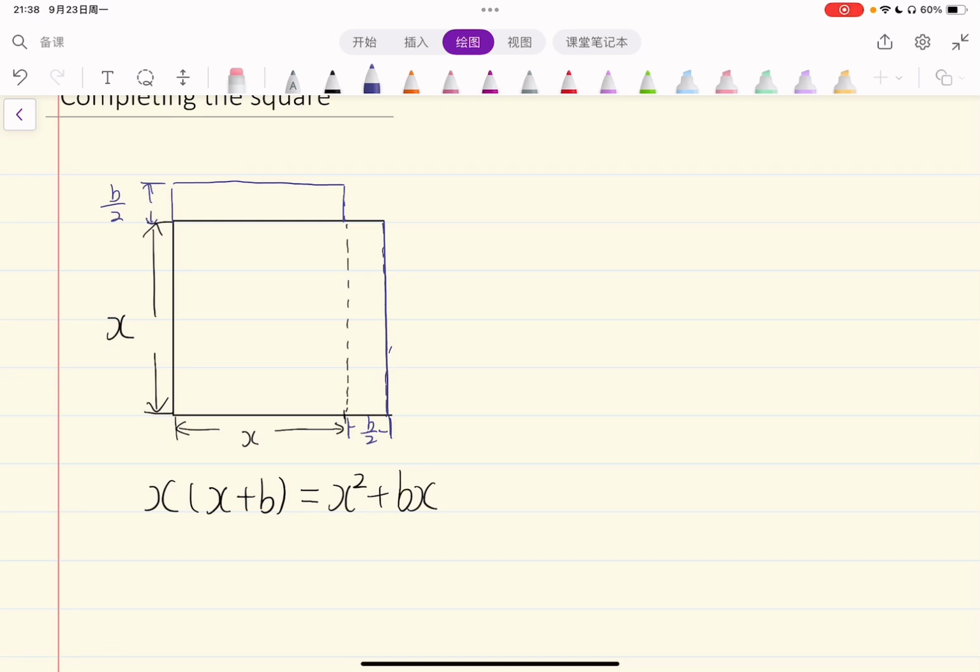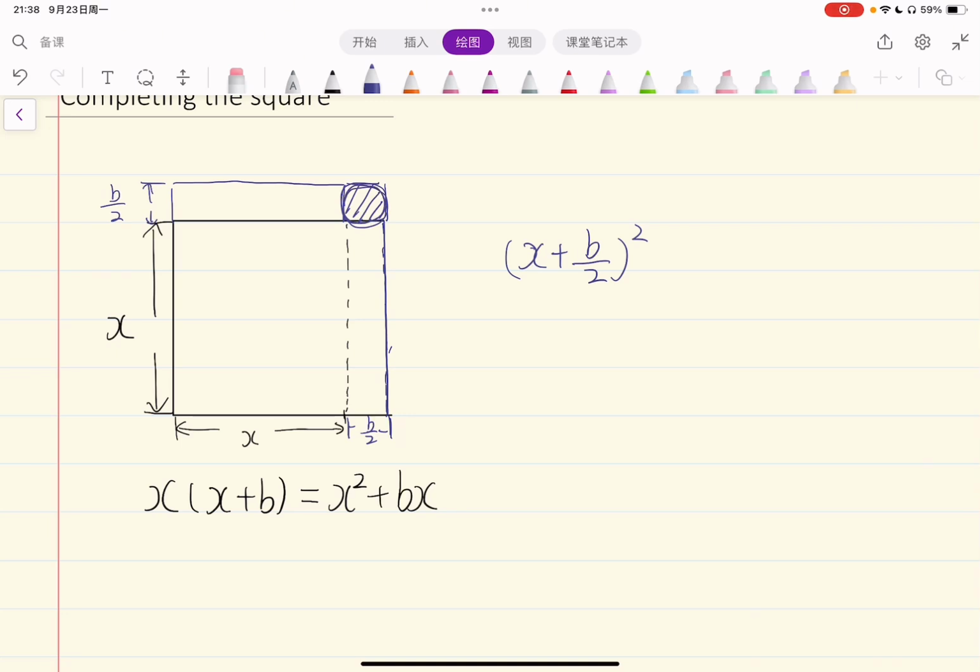Well, it's nearly a square. What I will do is fill this part. And then we have a square that has side x plus b over 2. And the area of this square is x plus b over 2 squared. But actually, we don't have this square over here that I shaded.